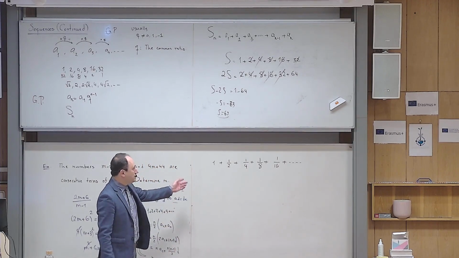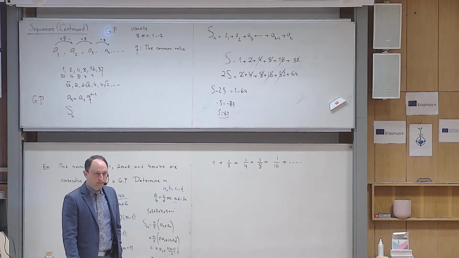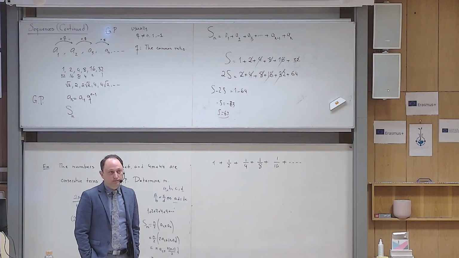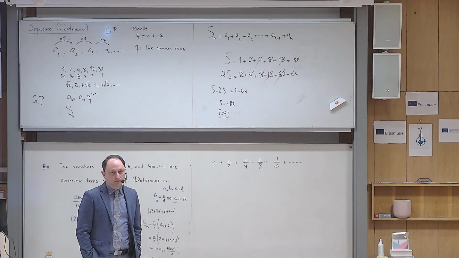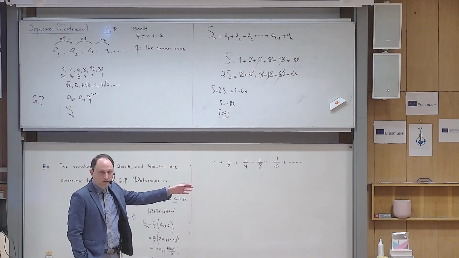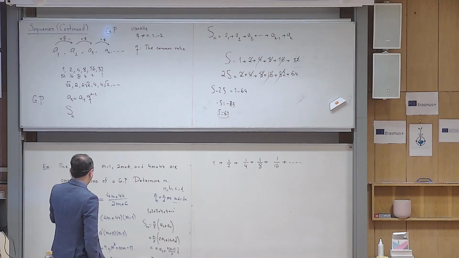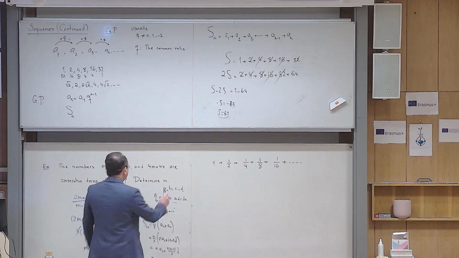What do you think is a reasonable way to calculate this sum? If this list terminates somewhere, I don't think you should have a problem, because we have the formula here, so let me write it. This is the formula Sn.